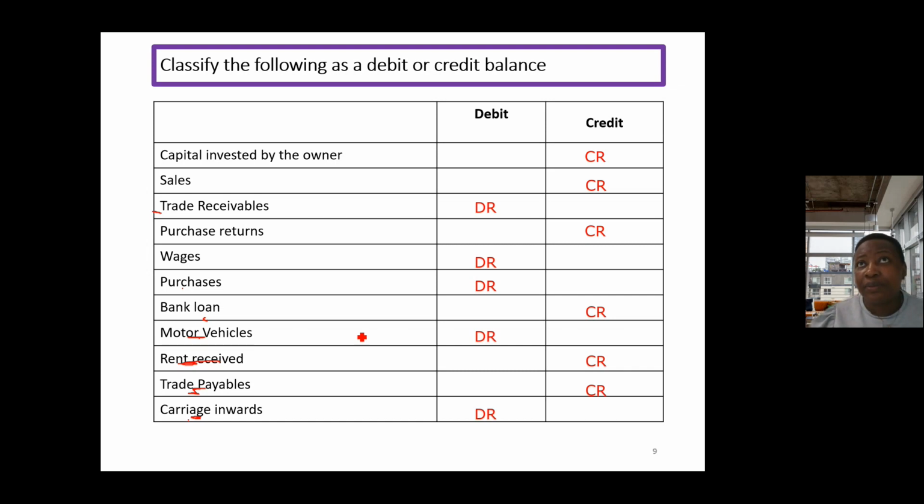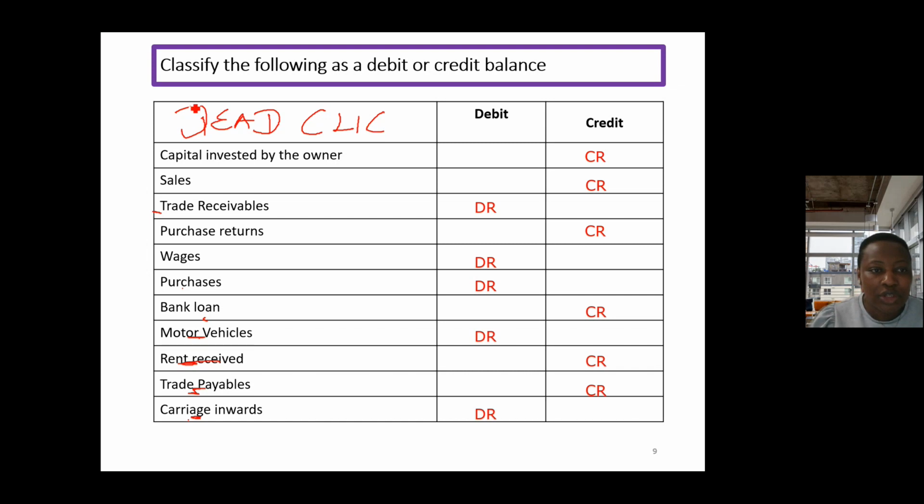And if you remember, it was in the first video on the accounting cycle where we had given an acronym to help yourself in remembering what is to be debited or credited, and that was DEAD CLIC.